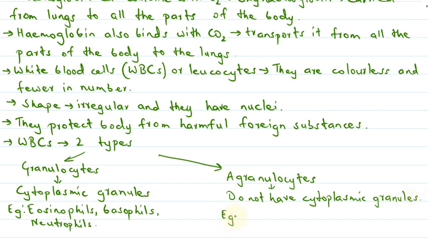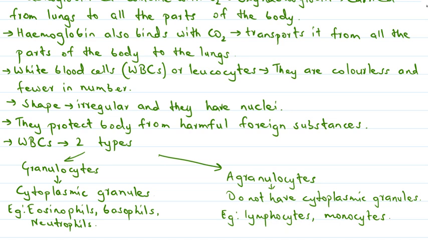So their examples can be lymphocytes and monocytes. So these agranulocytes, they do not contain cytoplasmic granules.